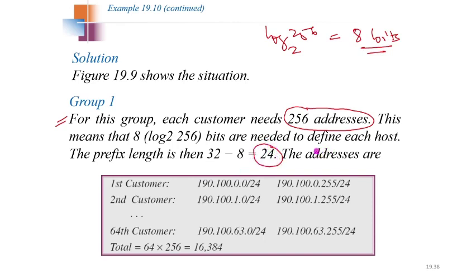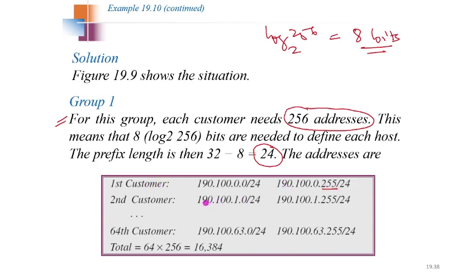Okay, so the first address will start with 190.100.0.0/24, because 24 comes out to be the mask. This will be the first customer. The first address is 0, and for the last address the 8 bits will change from 00000000 to a maximum of 11111111, which is 255. So 0 to 255, a total of 256 addresses are there for customer 1.